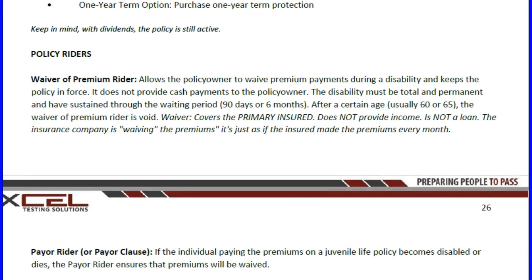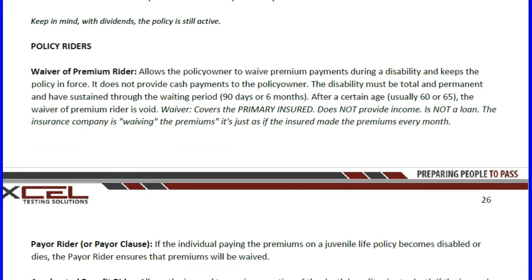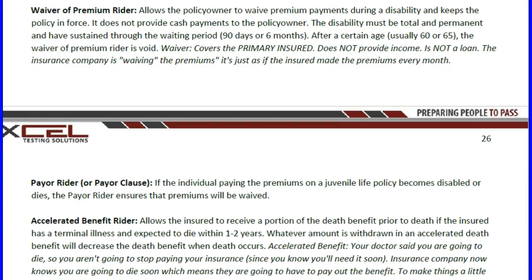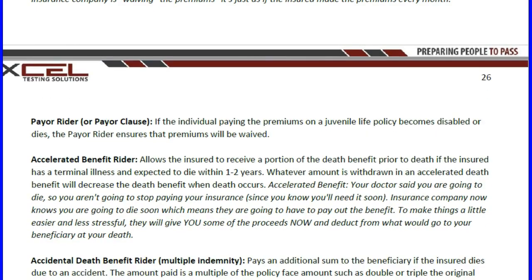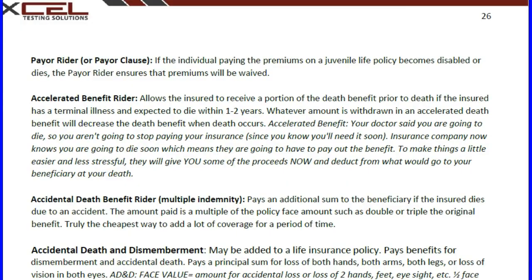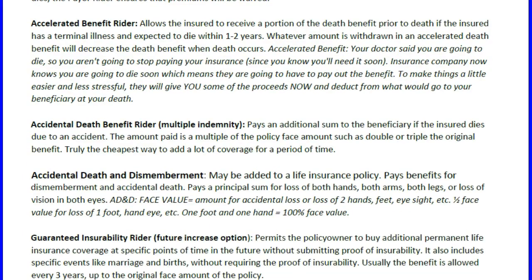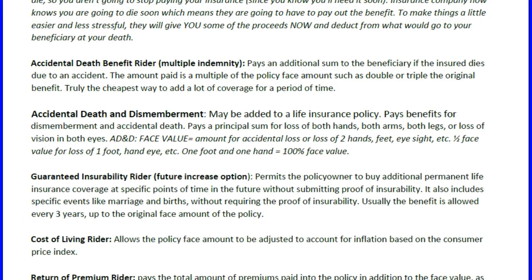Premium riders, we have several different kinds of riders. Waiver of premium, payor rider, accelerated benefit rider, which allows the insured to receive a portion of the death benefit if the insured has a terminal illness. It's for you to get the money to pay for other things. Accidental death benefit rider just pays an additional sum if it's an accident.